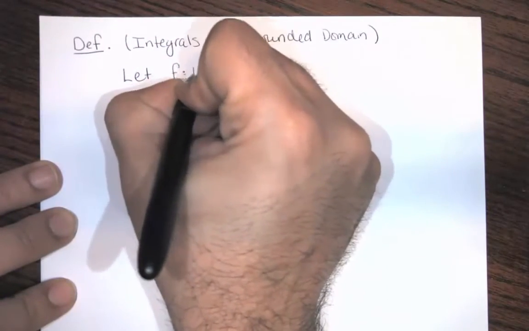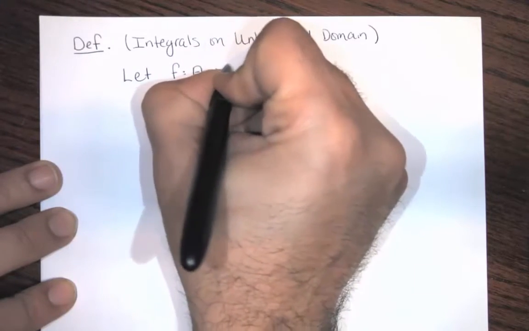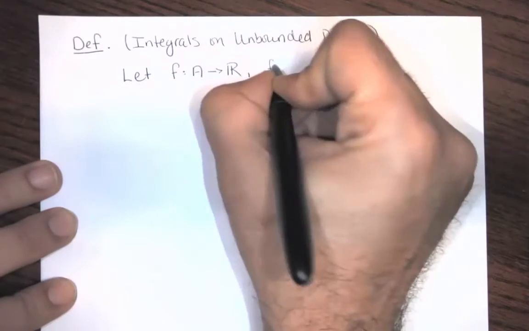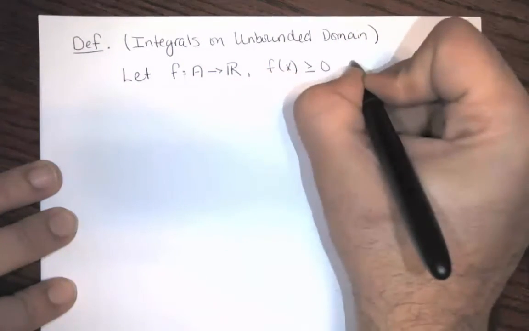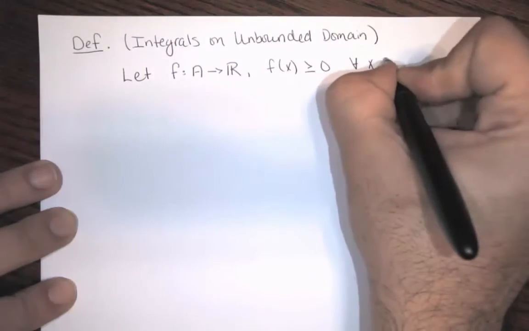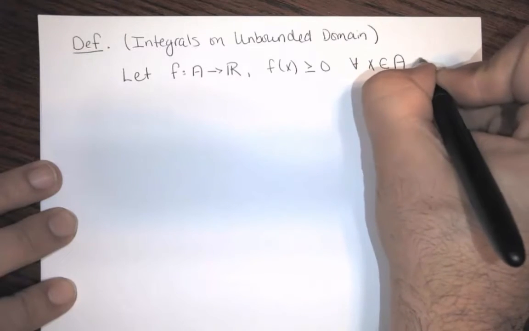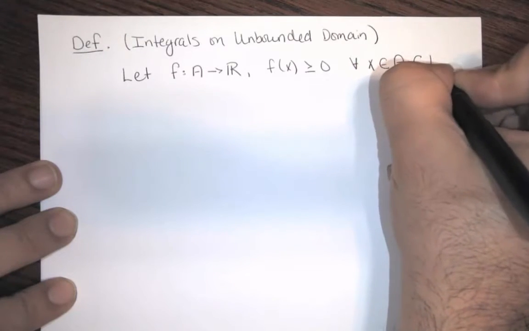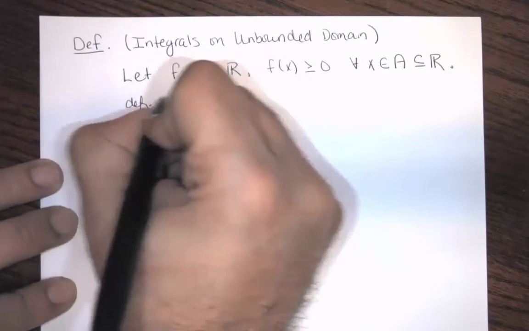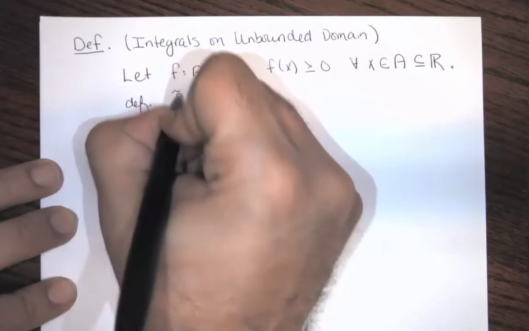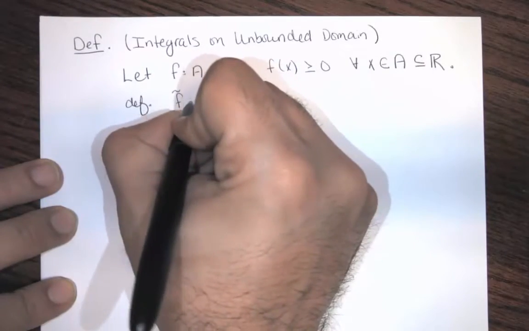Let f map A to R, and let f be non-negative for all x in A, which, while unbounded, is still in R. Define f tilde in the manner that we discussed.